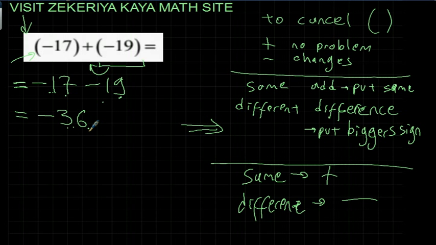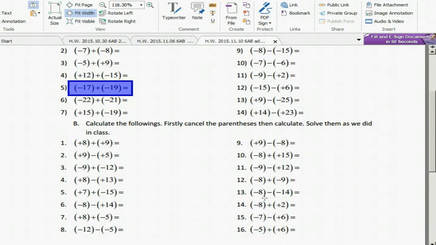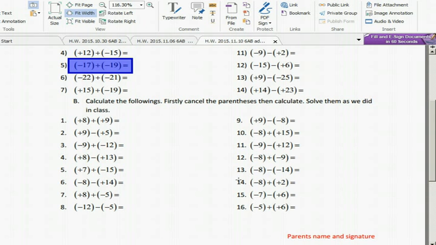So 17 euro debt, 19 euro debt, completely we have 36 euro debt. So minus is debt, plus is the money which we have. Okay? You can think like that. So let's choose another question about this. And let's choose a question about subtraction of numbers.